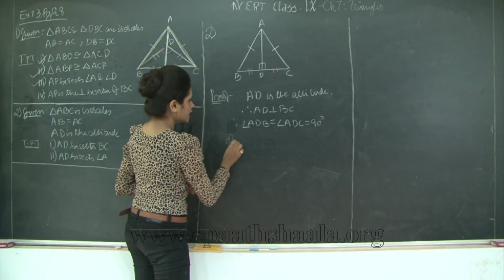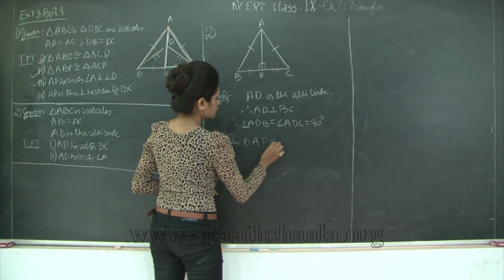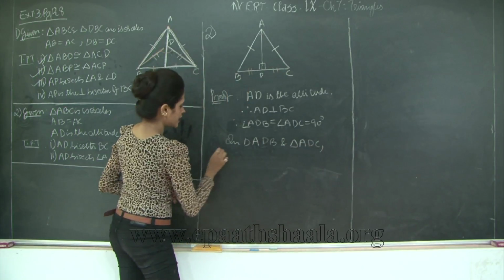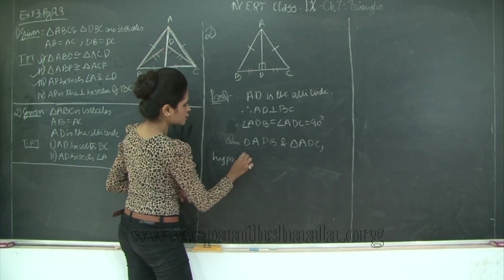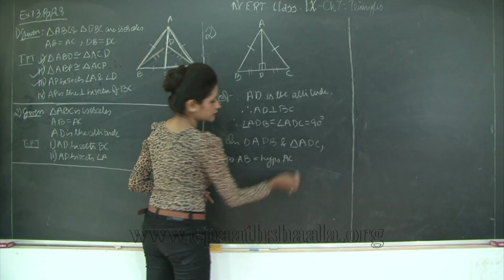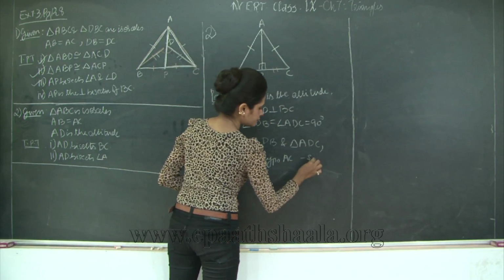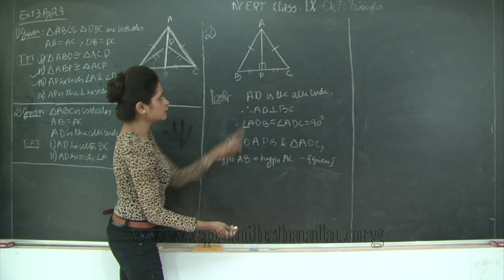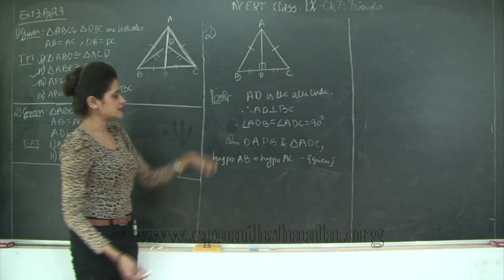So, I will say in triangle ADB and triangle ADC, I have hypotenuse. I am just writing hypo for hypotenuse. Hypotenuse AB is equal to hypotenuse AC. Correct? Because this is already given. But why am I specifically mentioning hypotenuse? Because we are going to prove these two triangles congruent by the RHS test of congruence.